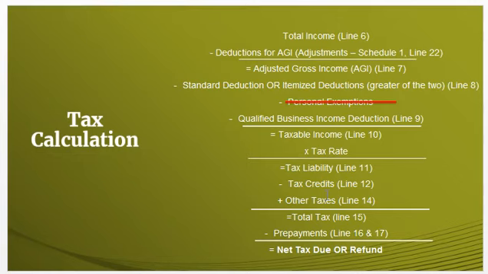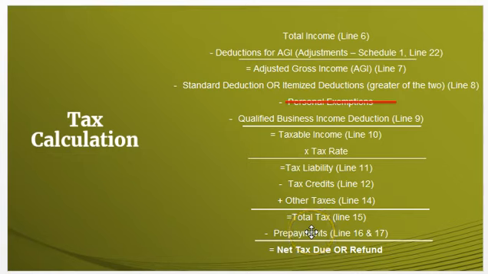Then we could have a situation where we have other taxes that were not calculated based on our income. It's an other tax. We could have to add that back in. And so what happens then is once we subtract out our credits, add back in other taxes, we end up with total tax. Now, we probably paid throughout the year by way of our deductions from our payroll. So those are considered to be prepayments.